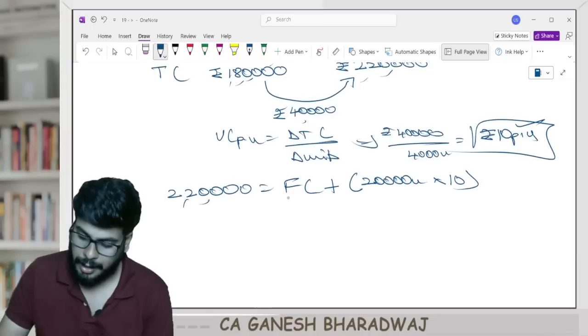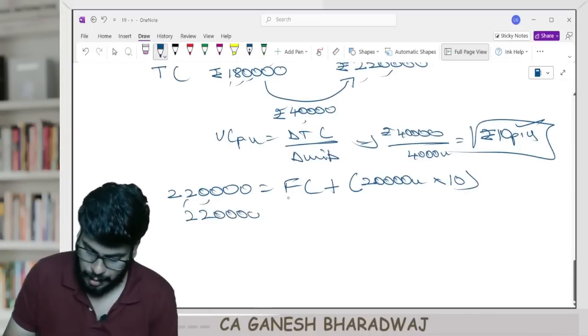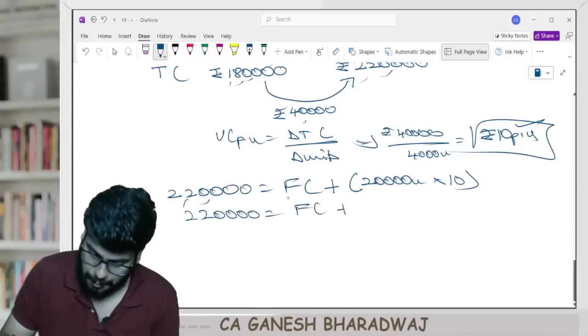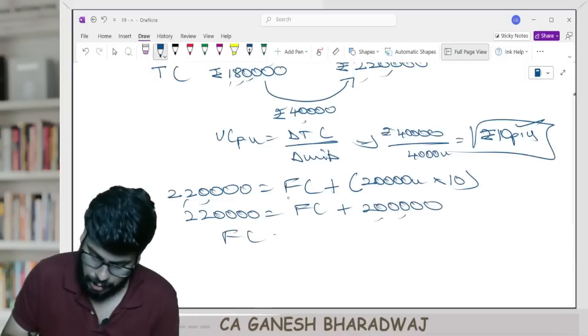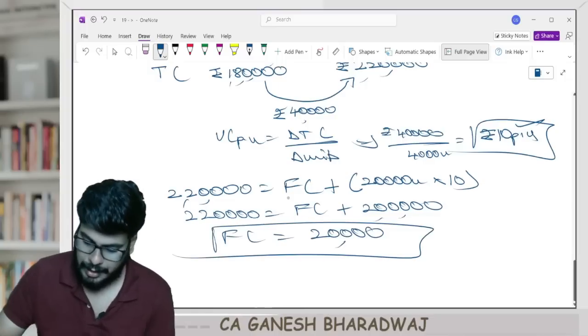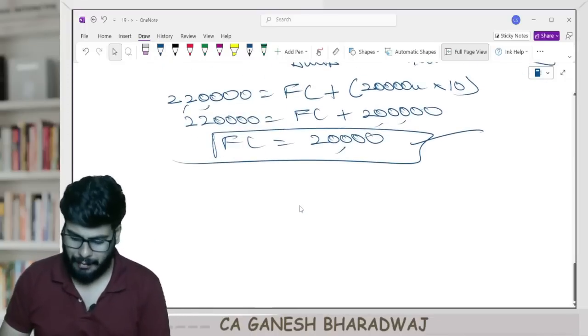So 20,000 into 10 gives you 2 lakh rupees. So 2,20,000 is equal to fixed cost plus 2 lakh rupees, or in other words, your fixed cost is the balancing figure of 20,000. So now we calculated the fixed cost, which is going to be 20,000 rupees. Now we can calculate the break-even point and all that.